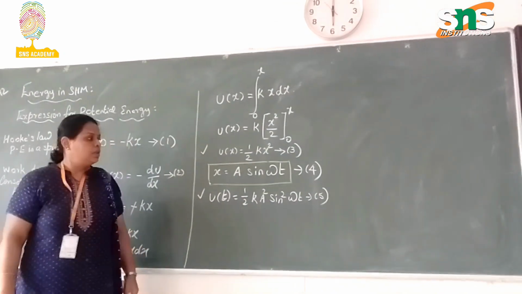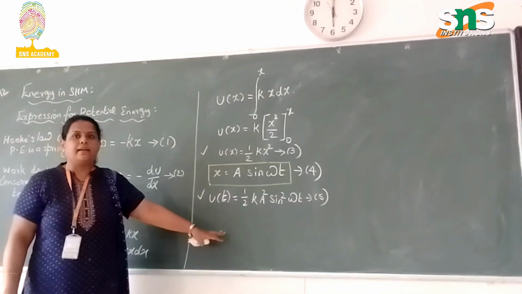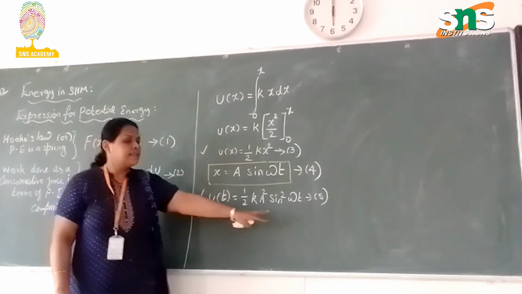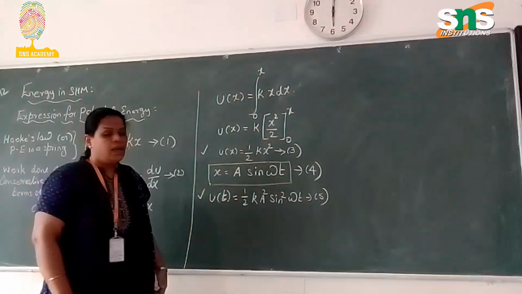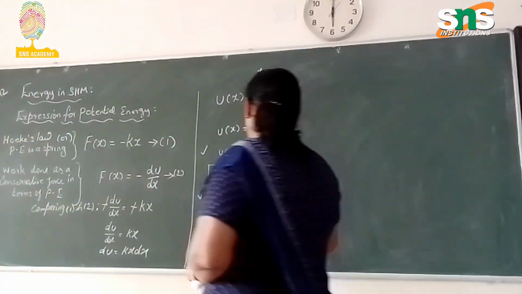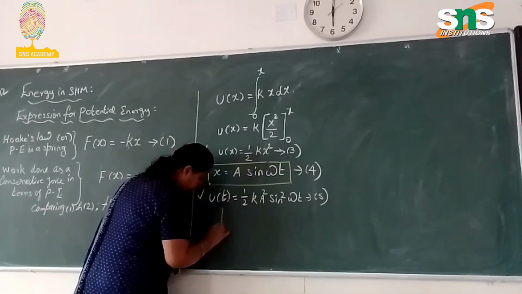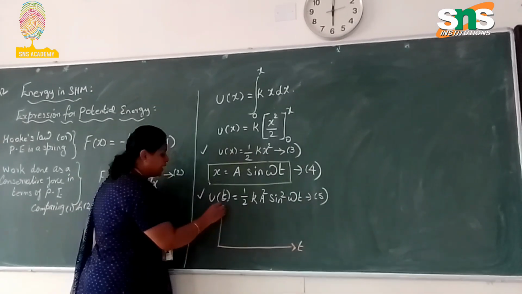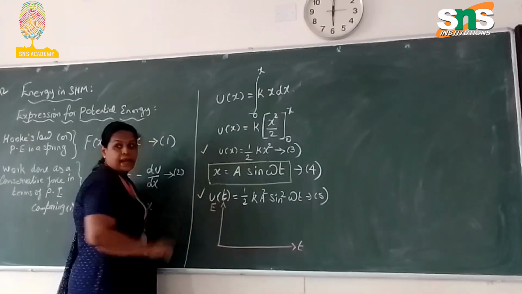Now I am going to draw a graph for u of t. Since sine is involved here, how will the graph look? Any idea? Very good. So t is on the x-axis and energy on the y-axis.